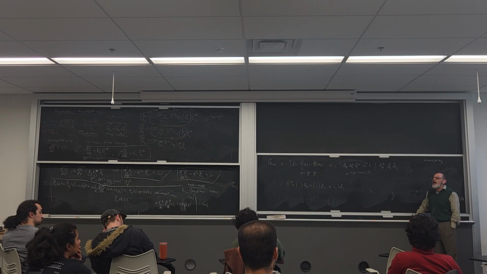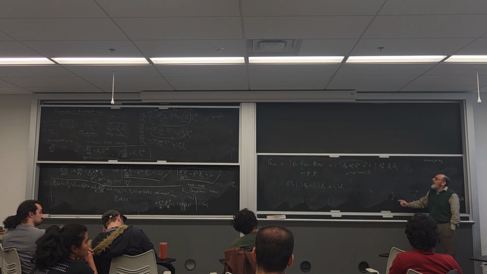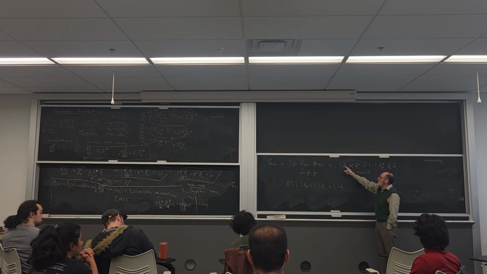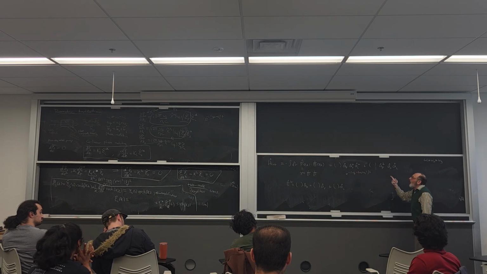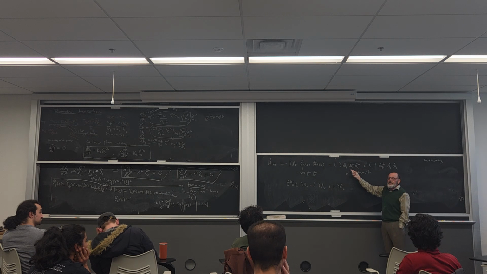There are going to be terms in the Hamiltonian that look like this. They are the terms related to the beating between the pump and the signal leading to the idler, and vice versa, the beating of the pump with the idler leading to the signal.